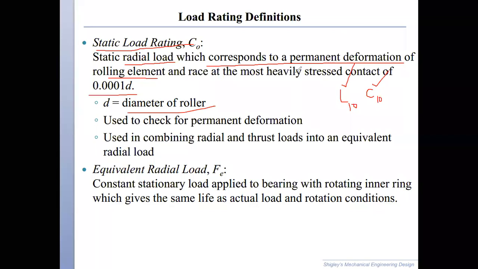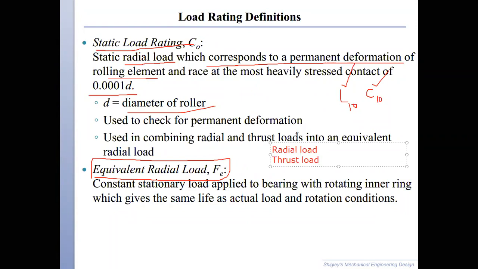Now there is another term that we define, and that is the equivalent radial load. We defined two types of loads. One was radial load, and the other one was thrust load, or axial load, right?